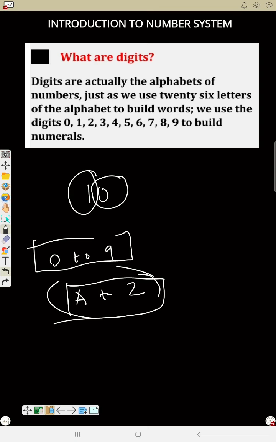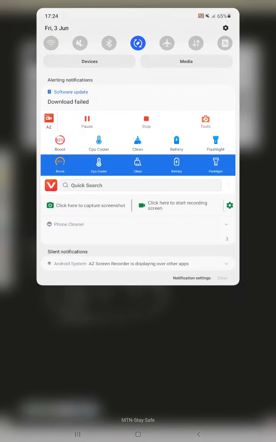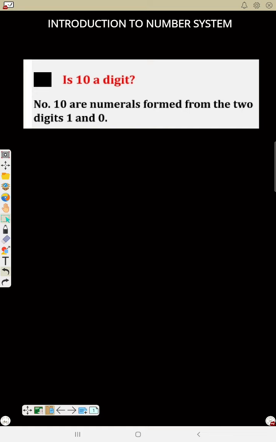Now, is 10 a digit? Number 10 is a numeral formed from the two digits 1 and 0. So 10 is not a digit. The digits we have are just 0, 1, 2, 3, 4, 5, 6, 7, 8, 9.